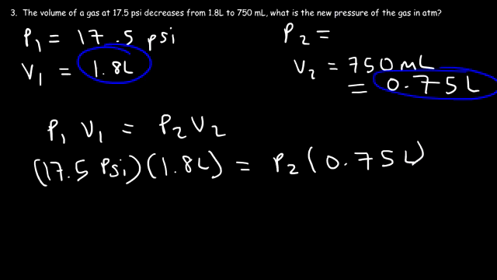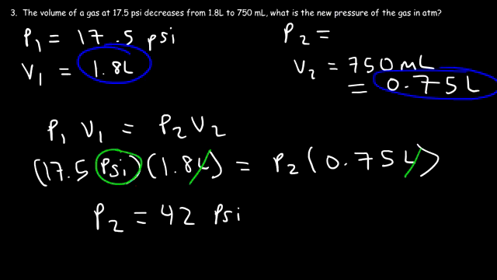So to calculate P2, it's going to be 17.5 times 1.8, and then take that result divided by 0.75. So P2 is equal to 42 psi. The units liters cancel, so P2 has to be in psi. So that's our answer. However, we need to change it to the right unit.